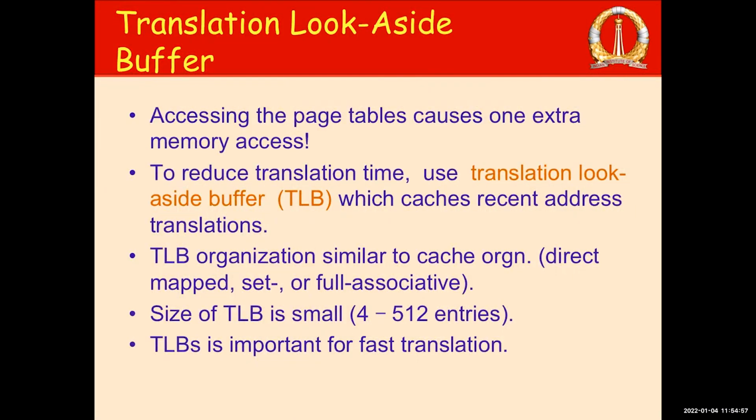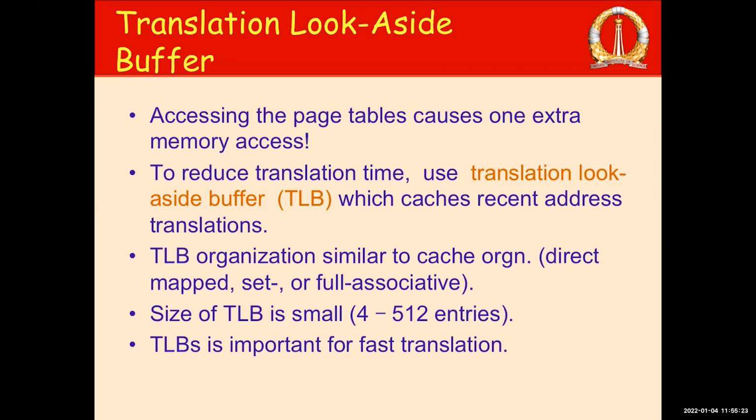Let's go to the translation look-aside buffer. Coming back to this problem of incurring multiple memory accesses, to reduce them, we implement something called a translation look-aside buffer, or a TLB, which is very similar to the caches, but it is exclusively used for holding the entries from the page table.